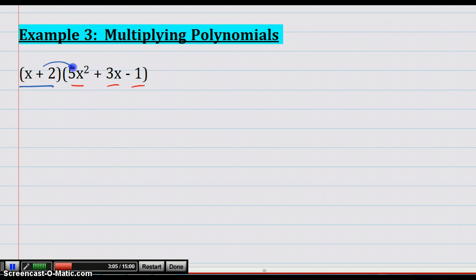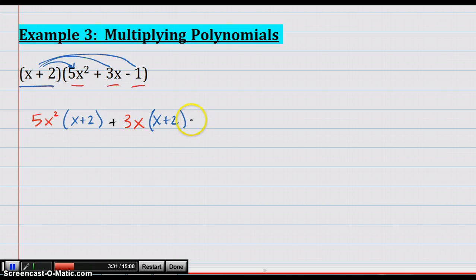If you distribute this binomial through to each term in the trinomial, you can write 5x squared times our binomial, x plus 2, then plus 3x times our binomial again, which is x plus 2, and minus, because there's a minus in front of this 1, I'm just taking those signs, minus the 1 times the binomial again.